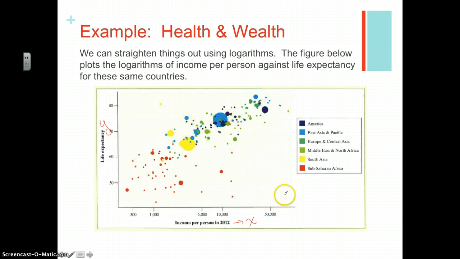We wouldn't want to plot x, y to achieve linearity, but instead we'd want to do the log of your x's and y, and that shows a linear relationship. And then we would see our curved pattern straighten out.